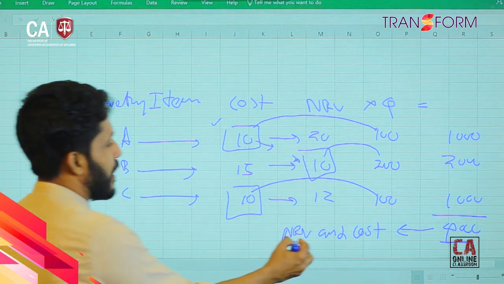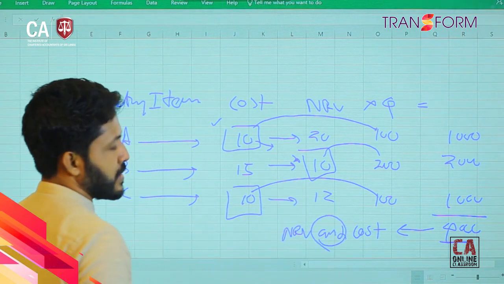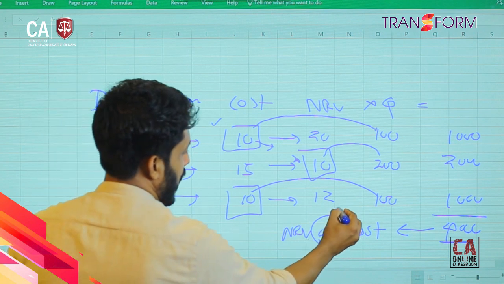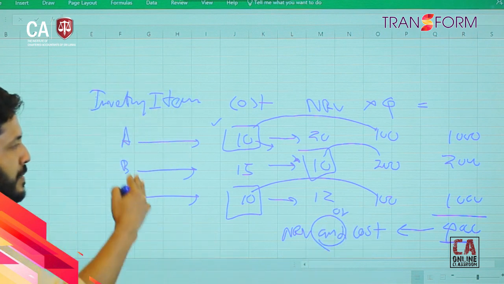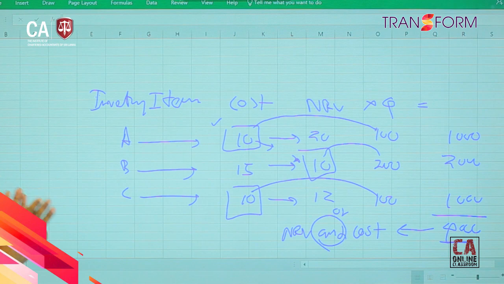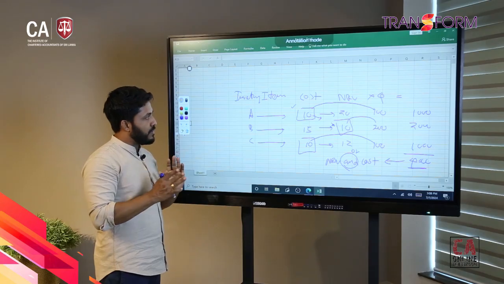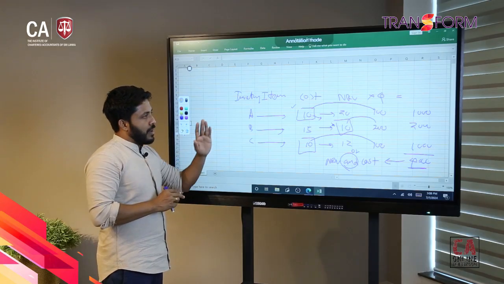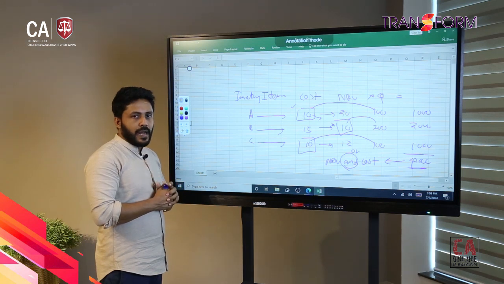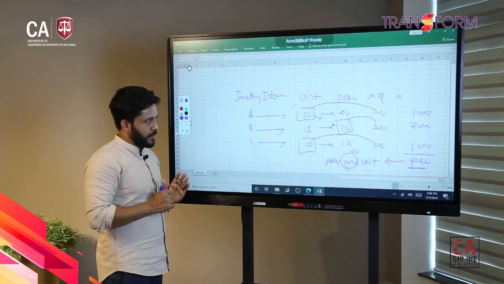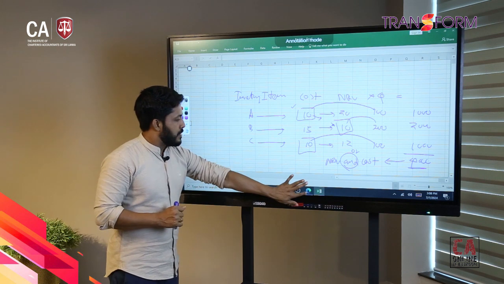That's why we are saying NRV and cost. Otherwise you can't say NRV or cost. So that's the definition, that's the explanation for that. So you have to be very sharp on definitions in the accounting standard to do auditing, right? Right.